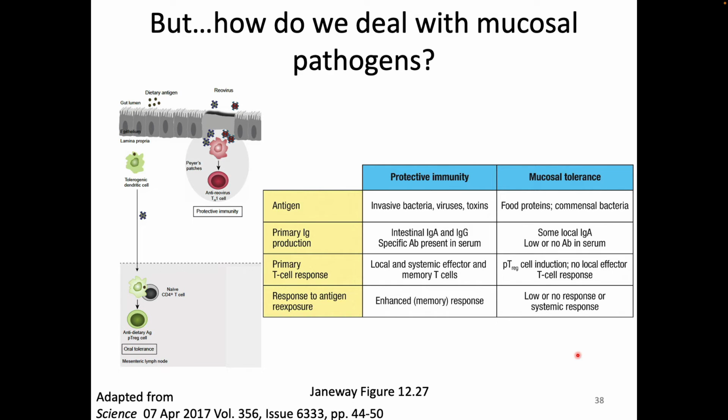Some of this will be something that we deal with anatomically. So you think of the GI tract, you think about how the GI tract works. Nothing that's in the GI tract stays there forever.